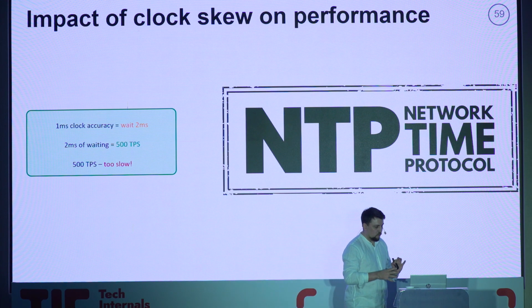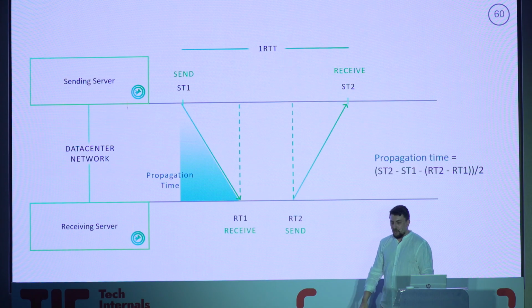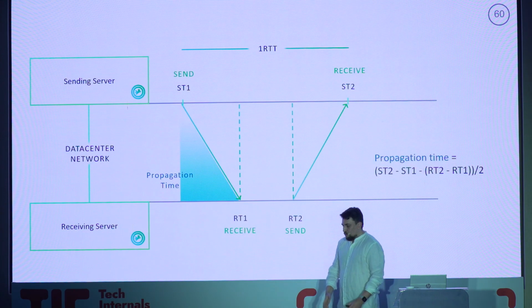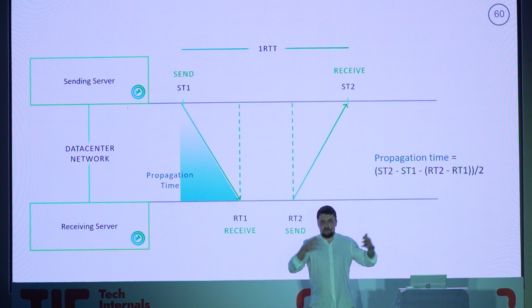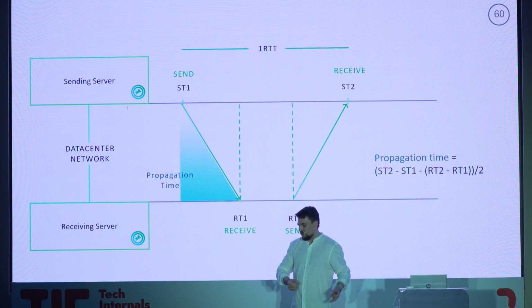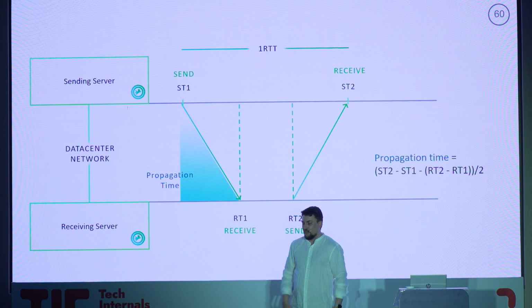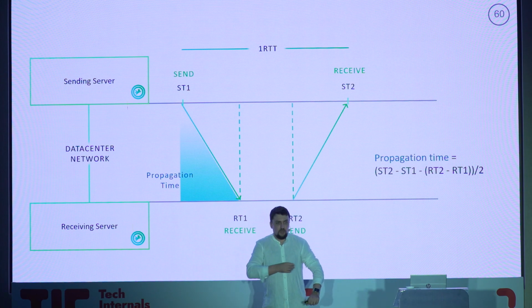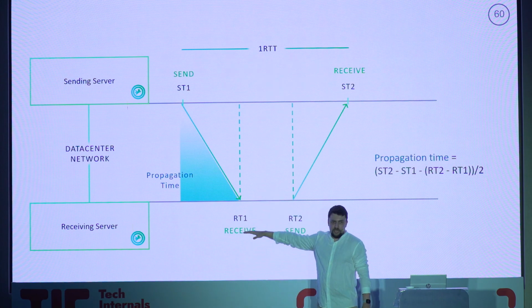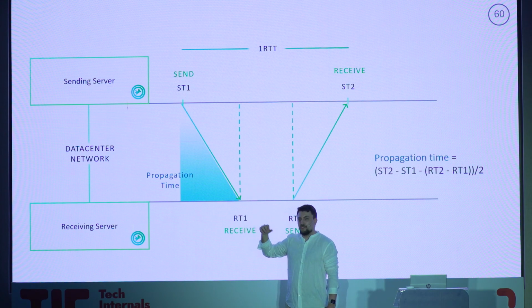Let's look at the details. What's the problem? Why can't we get more accuracy from the time sync perspective? The first time I looked at all of this, it sounded so easy: I have two instances, I synchronize the clocks. But in reality, first of all, we don't know the propagation time. What is propagation time? You have two servers and you want to sync time between them.